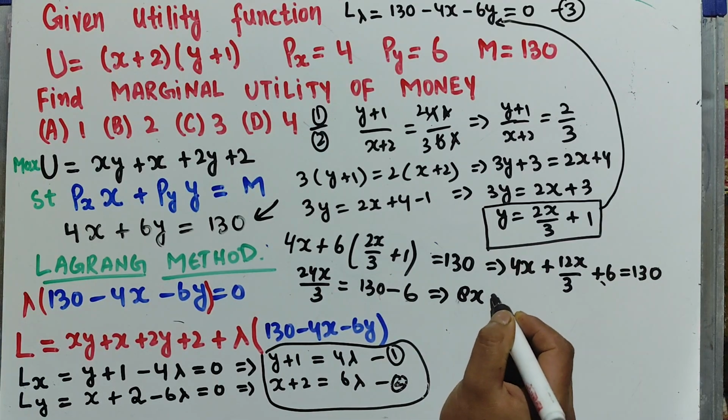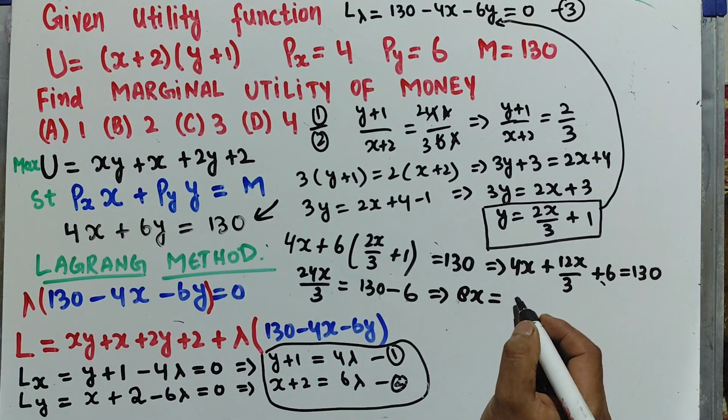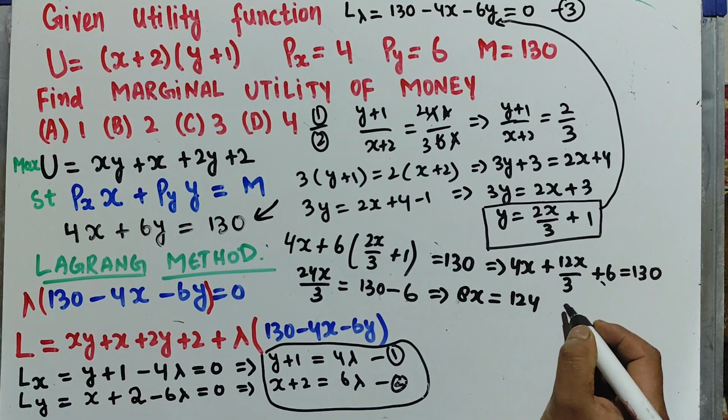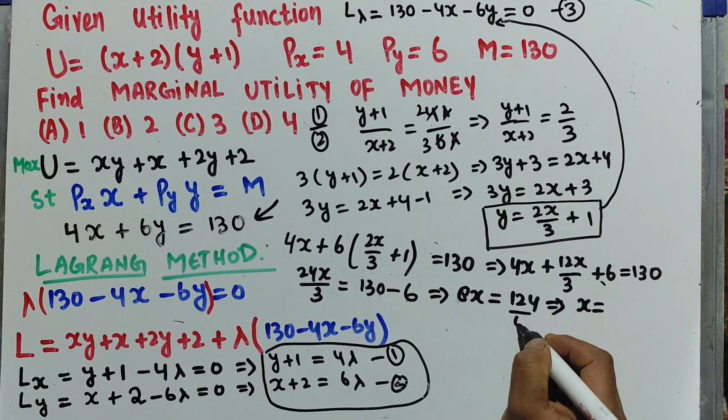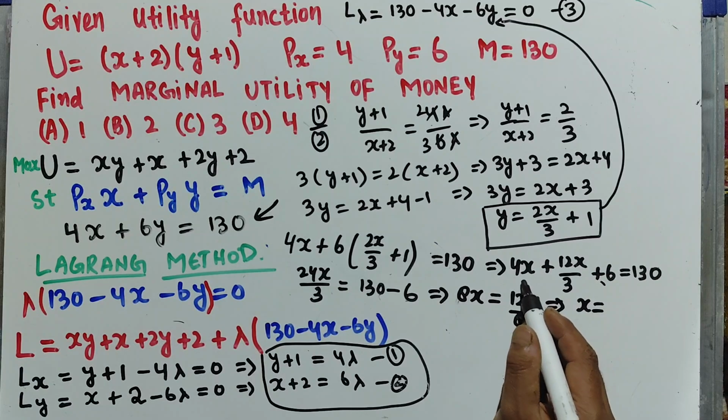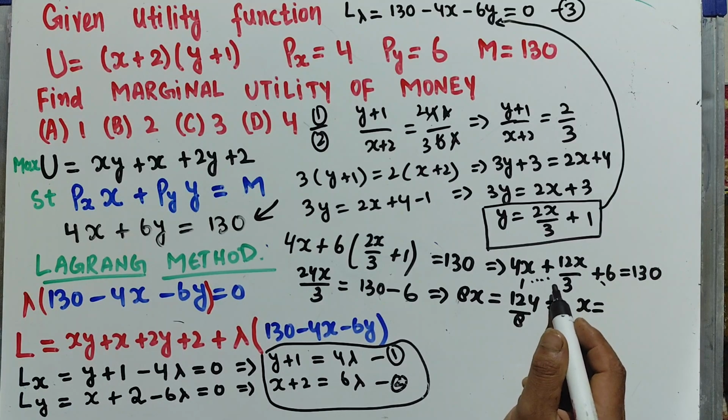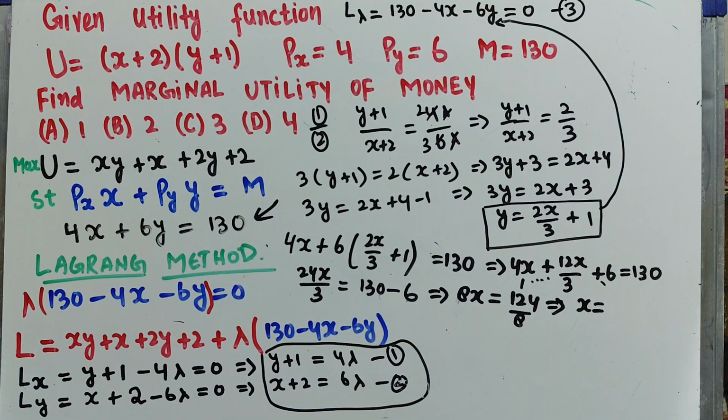So 8x is equal to 130 minus 6, which comes out to be 124. Dividing both sides by 8, we get x is equal to 124 divided by 8. Okay, so let me see if I have done it correctly or not.